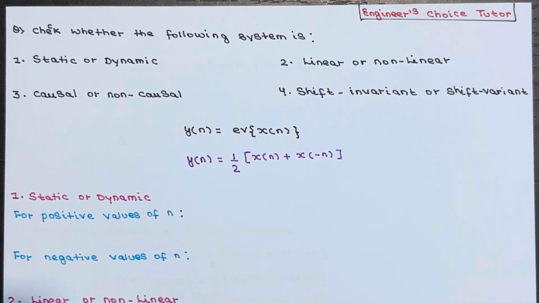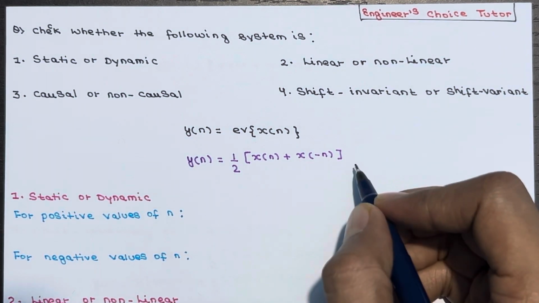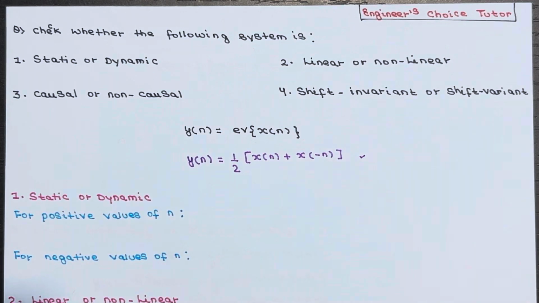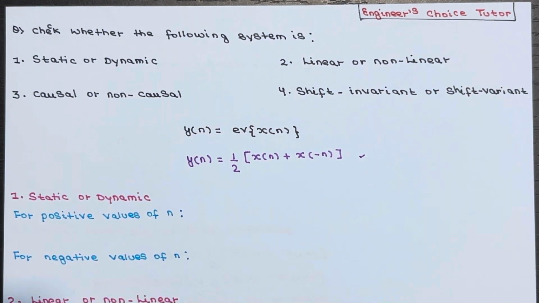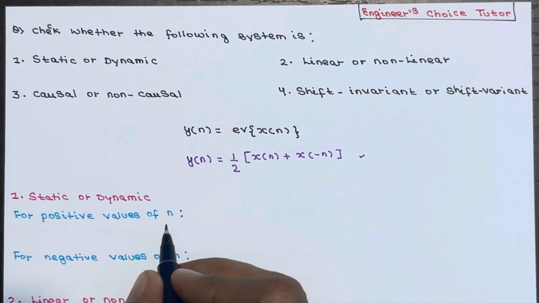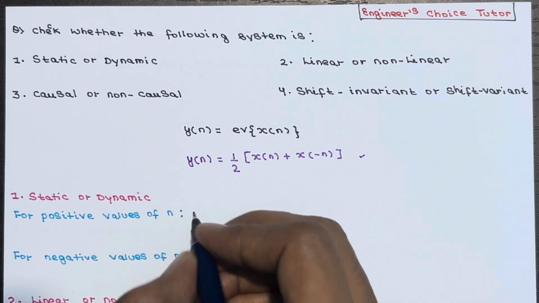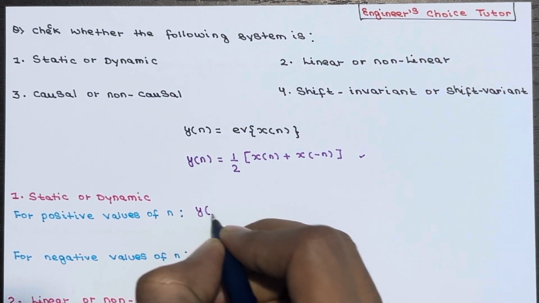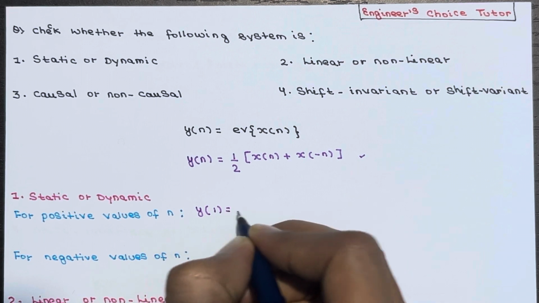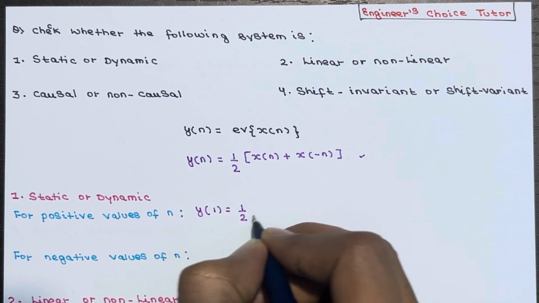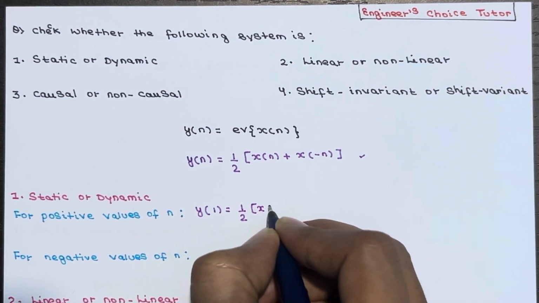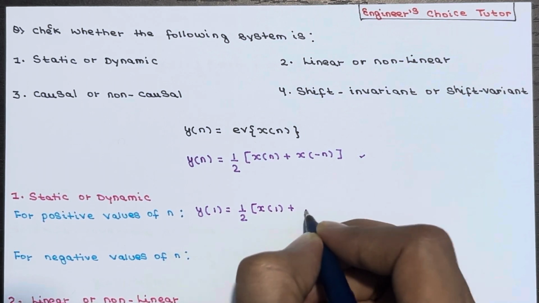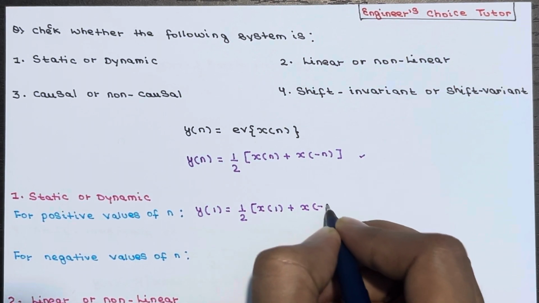Now you have to tell whether this is a static or dynamic system. So for the positive values of n, let's take y of 1. You will get 1 by 2 into x of 1 plus x of minus 1.